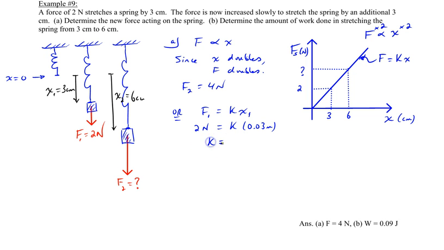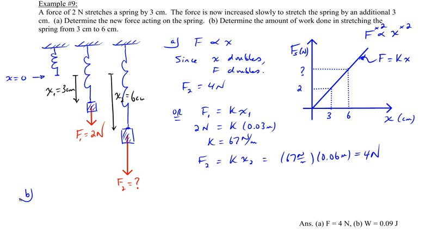That gives you an approximate value for the spring constant of 67 newtons per meter. Once you know that spring constant, you can find the force at the new stretch distance. Using 67 newtons per meter multiplied by the displacement of 0.06 meters, you'll get an answer that should be close to 4 newtons.